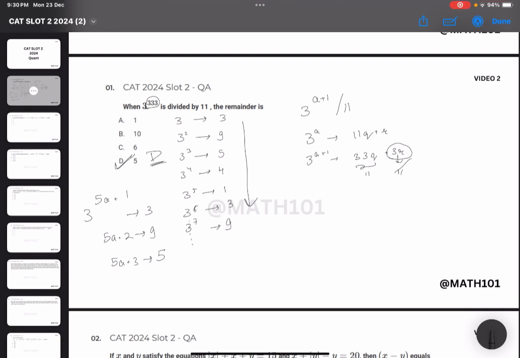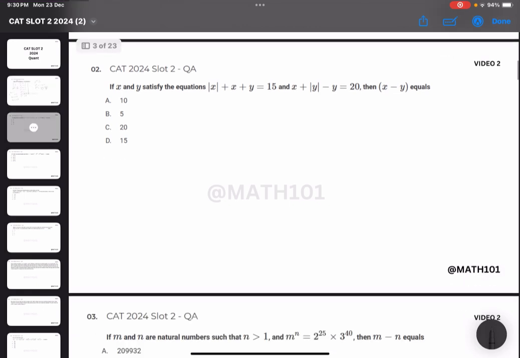Moving on to the next question. We have been given that x and y satisfy these two equations. Okay. So first we will make cases. Case 1 is x greater than 0, y greater than 0.